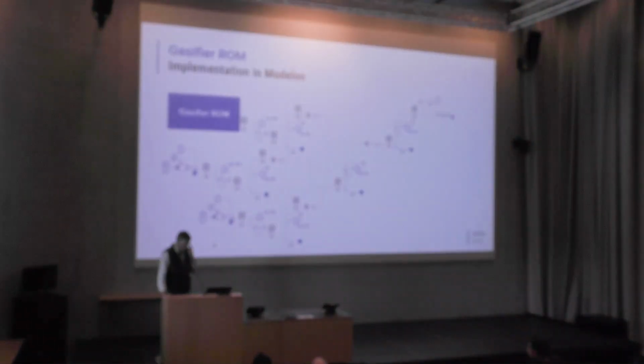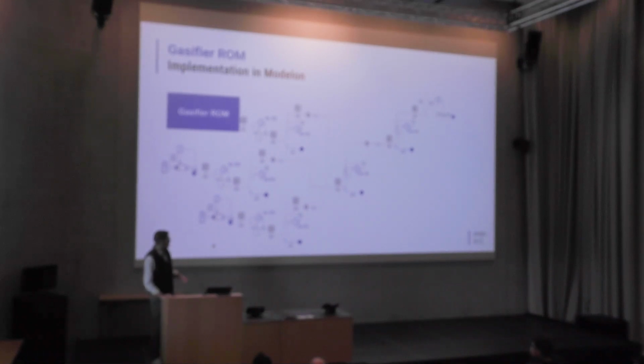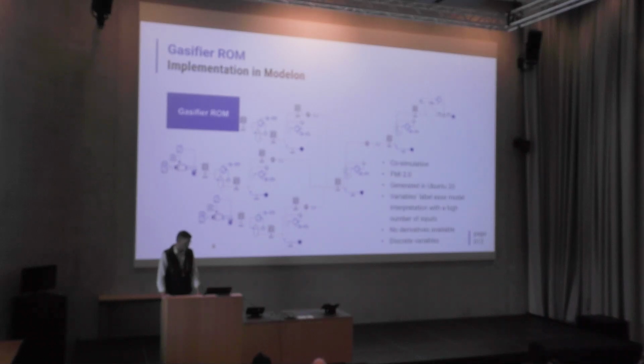In this next to last slide, I present you the balance of plant of the simulation in Modelon, which had some requisites. So being a co-simulation FMU written according to the FMI2 standard, generated in an Ubuntu 20 modeling environment. We had all the labels to identify inputs and outputs of our FMU, provided from the user description.